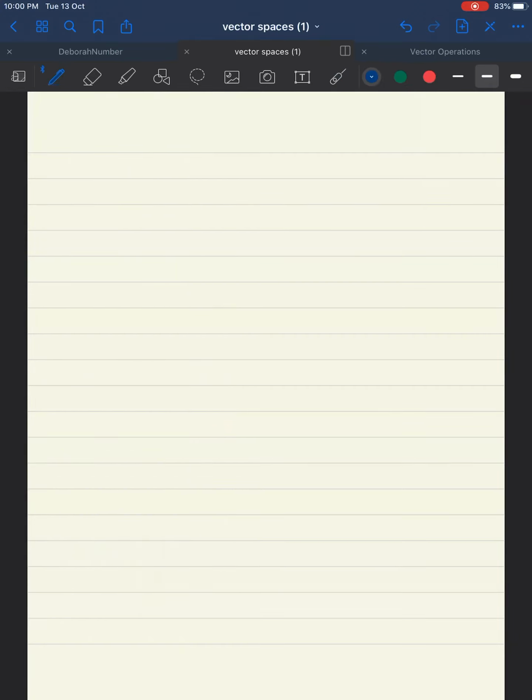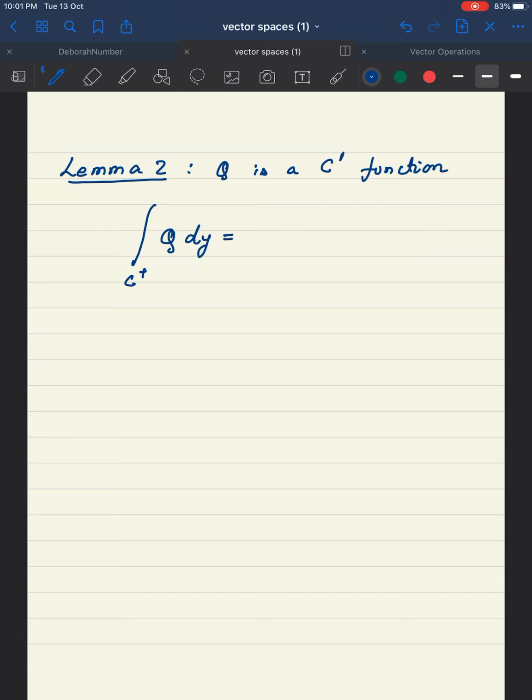but the other lemma will be that imagine Q is a similar function, a different function, a C1 function, then, I'm not being very mathematically rigorous, by the way, so I'm sure if a mathematician is looking at this, they won't like it.